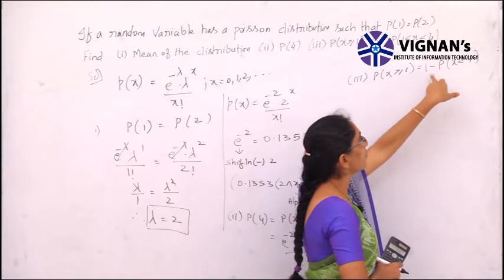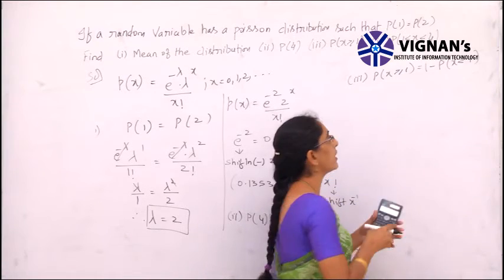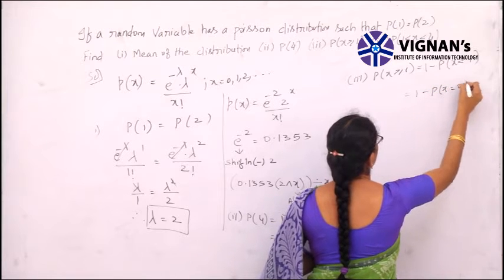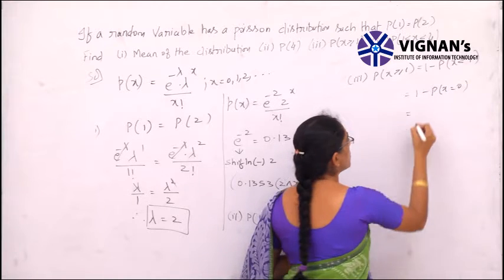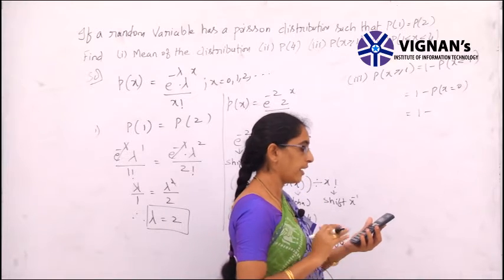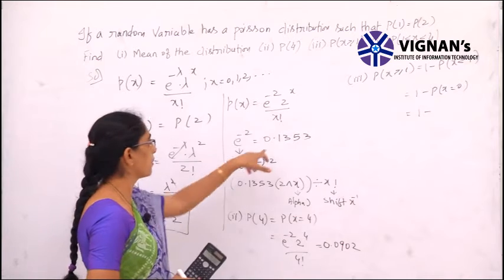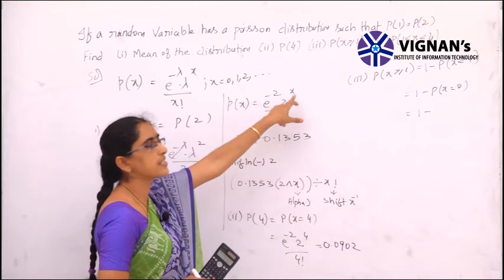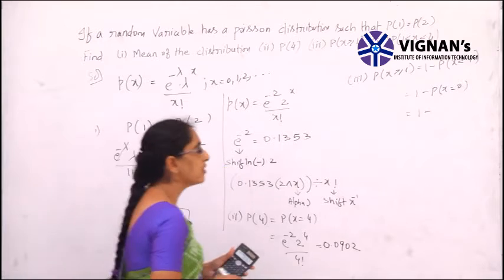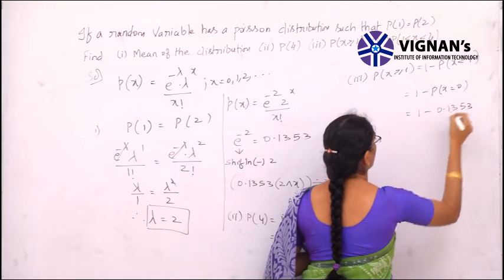So it is enough to find 1 minus probability of x equal to 0. So 1 minus x less than 1 means probability of x equal to 0. Again press the calc key and give the value 0. So here it is 0.1353. It is nothing but this one only. Why? Because 2 power 0 by 0 factorial: 2 power 0 is 1 and 0 factorial is 1. So 1 minus 0.1353.